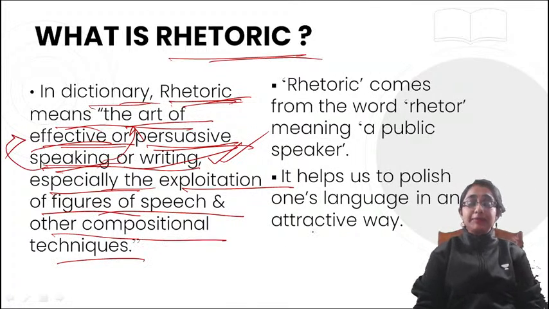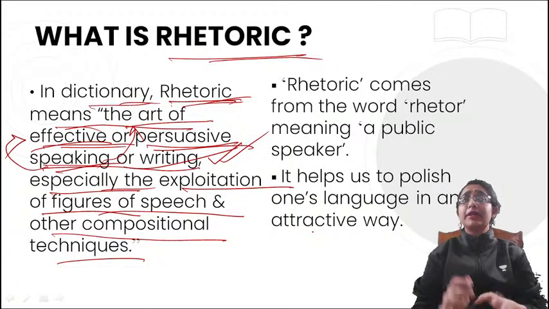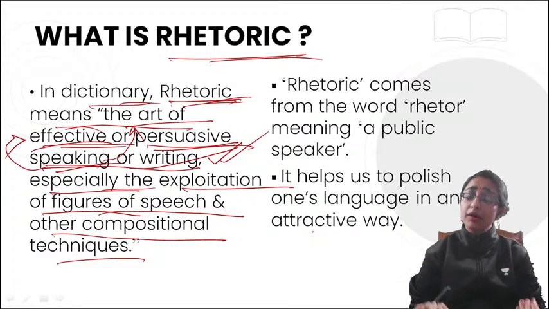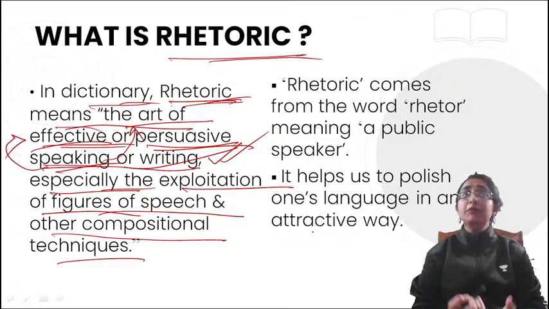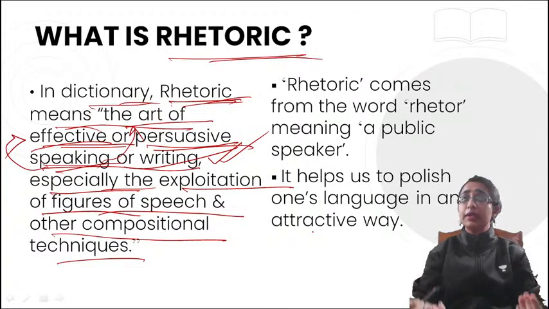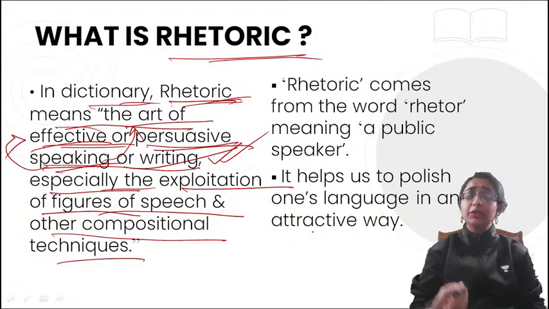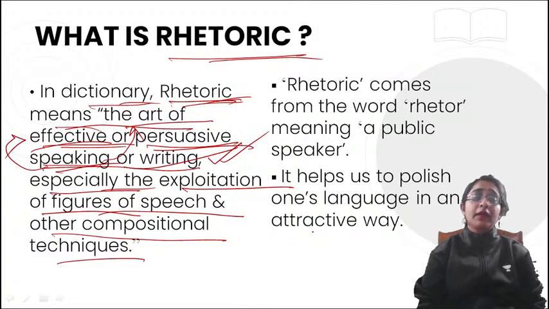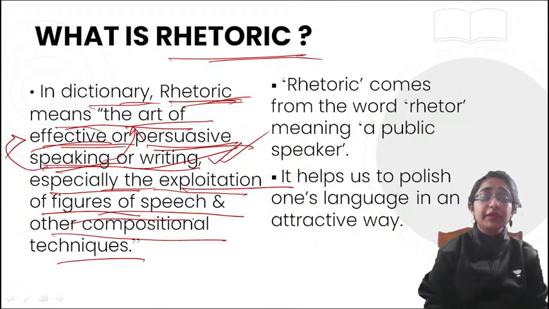So it means that what is rhetoric? That rhetoric refers to a particular art of speaking or writing, effective and persuasive speaking style, which is very different from our day-to-day conversation. It is a special type of speech or writing which is done by the exploitation of figures of speech.